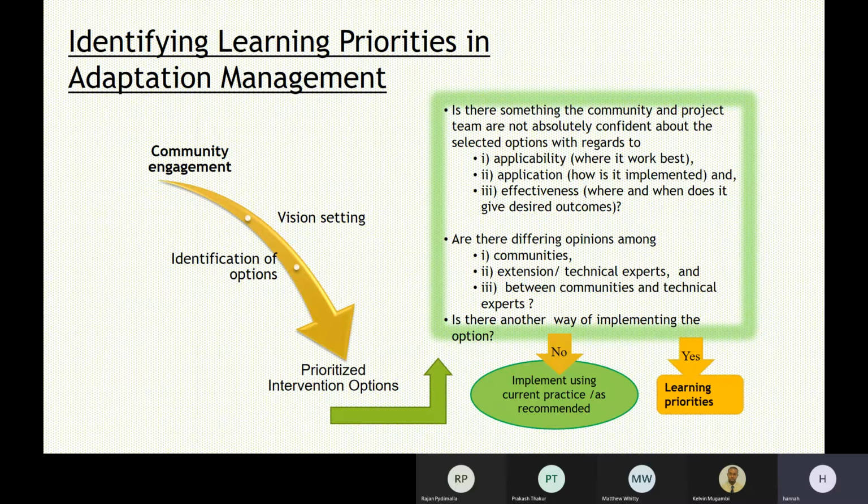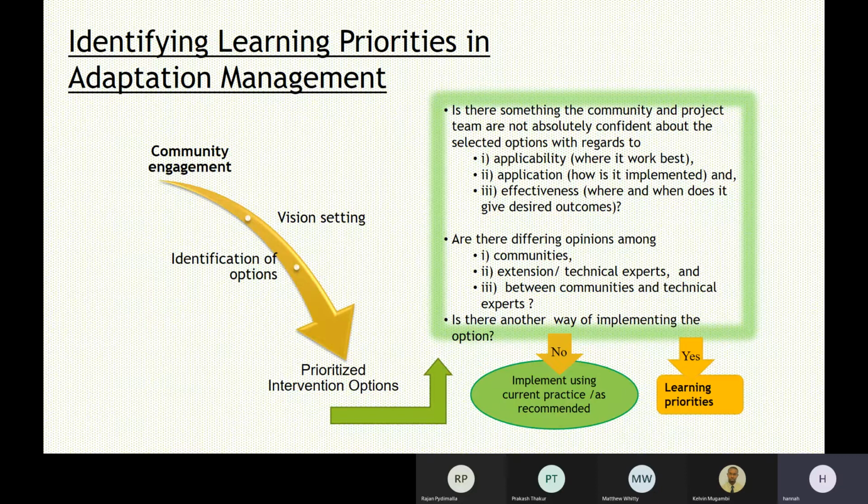Are there differing opinions between the community, the experts, and even the community leaders? And is there a way of implementing things? So it is important to work together and have those learning priorities as part of adaptation management.